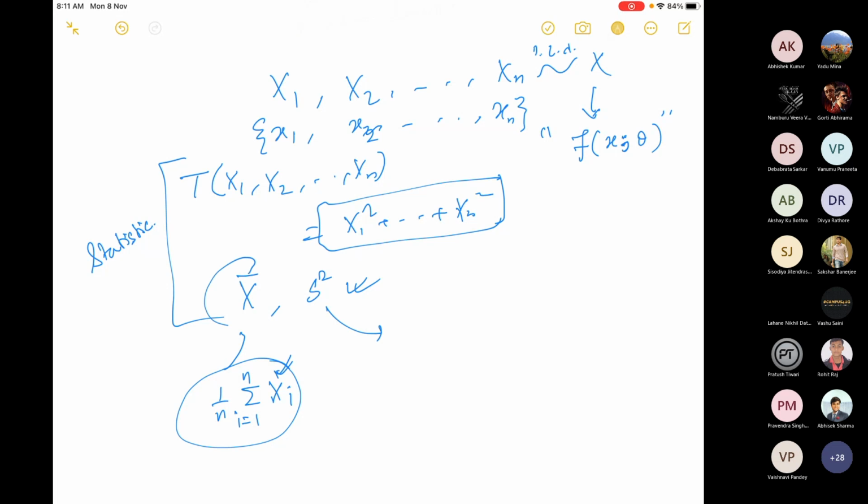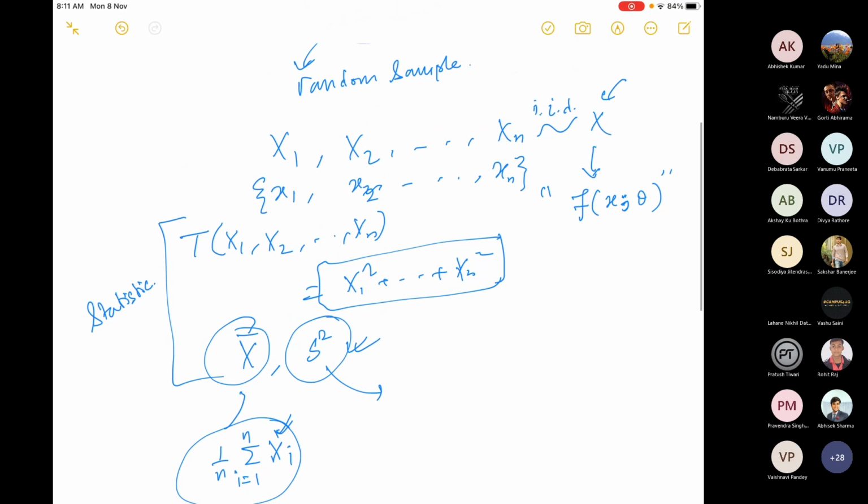We spoke about the sample variance and sample mean, and we have seen that if this capital X follows a certain standard distribution like normal, and we consider different kinds of statistics, then what are the distributions, the PDFs, of these statistics? Those are called sampling distributions, and we have studied different kinds of distributions, specifically chi-square distribution, T distribution and F distribution.